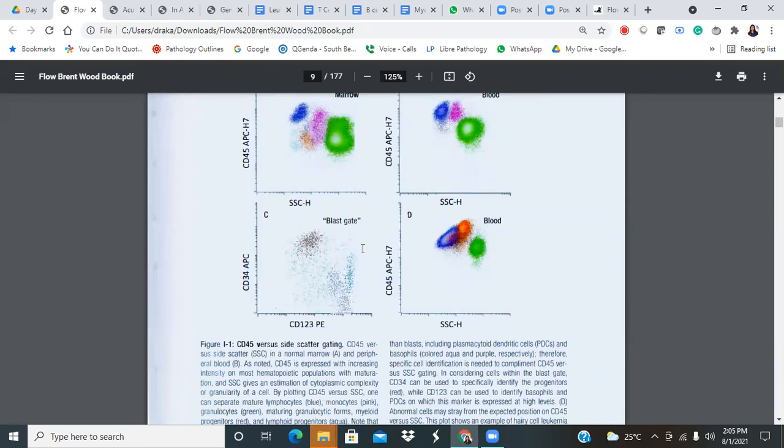So over here they are showing the plasmacytoid dendritic cells and basophils that are present, and if we want to differentiate between PDCs and these purple colored basophils, then we have to go for HLA-DR. The HLA-DR will be brighter in PDCs and dimmer in basophils. That's what I think. I hope I'm not reversed. All right. Therefore, specific cell identification is needed to complement CD45 versus side scatter gating.